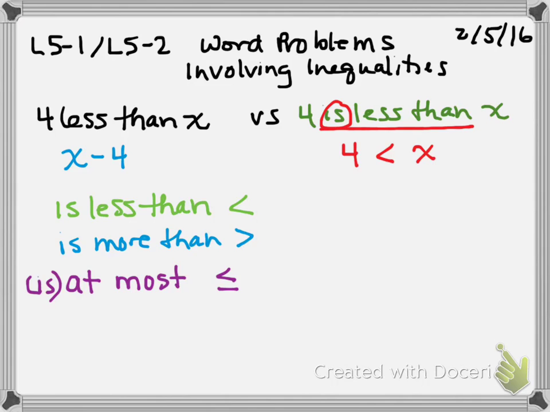So what would be the opposite to at most? What? At least. Now, sometimes it's just the phrase at least, and sometimes you'll hear is at least. And think about what that means. If somebody says, oh, they're going to score at least 20 points, the Broncos in the Super Bowl. What does that mean?